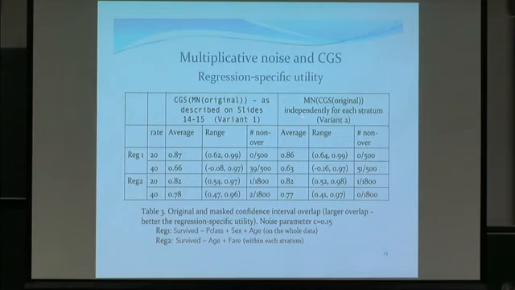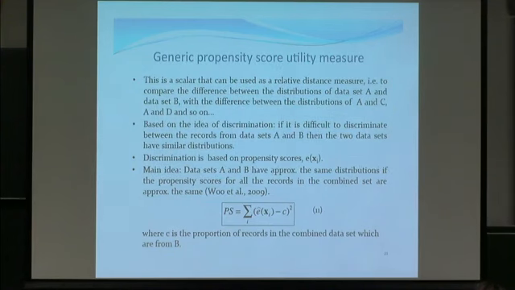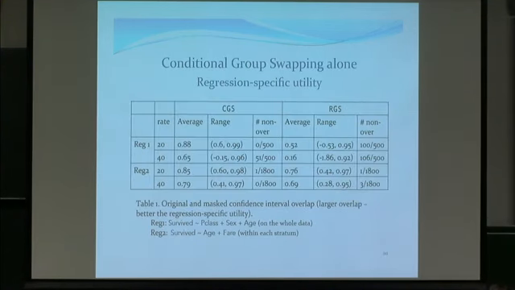Okay, so first of all we can see that the average utility values here are almost the same as for swapping alone.